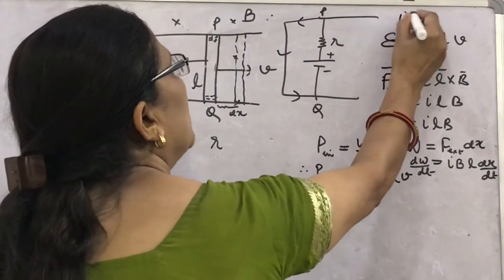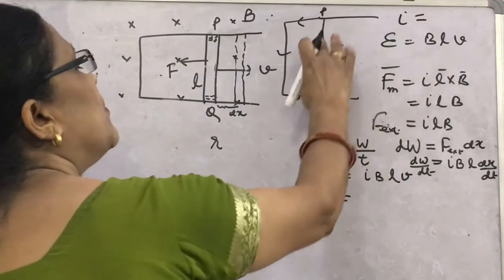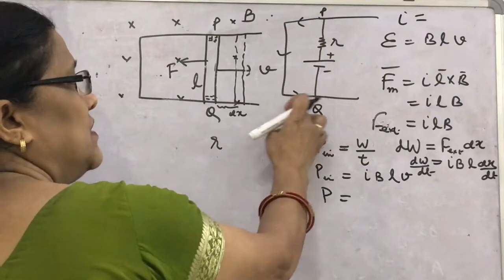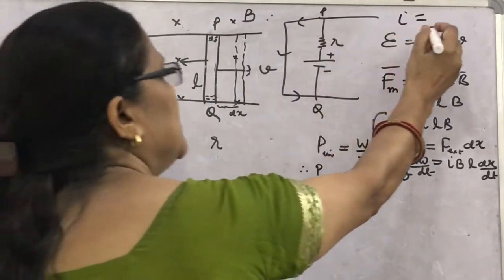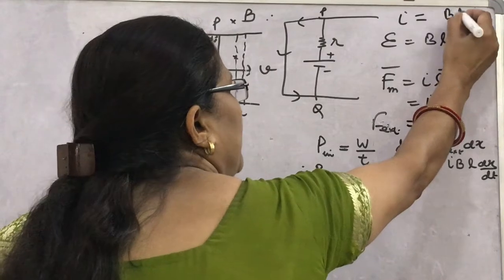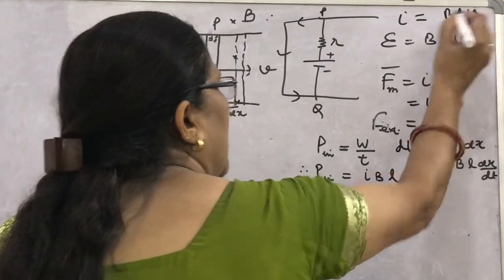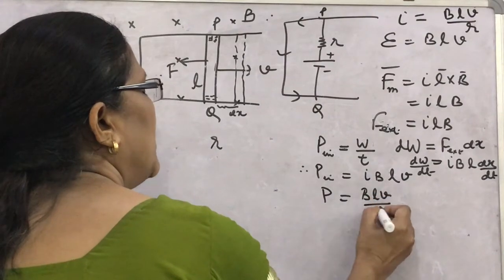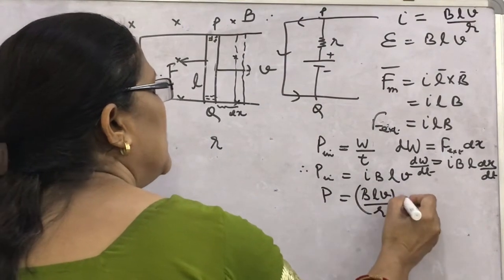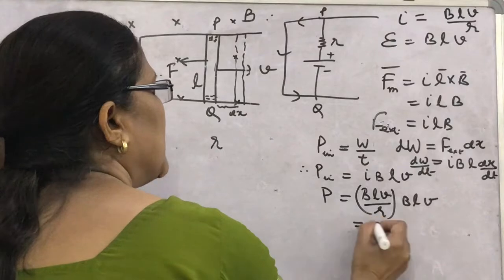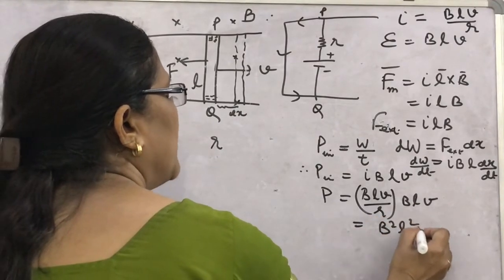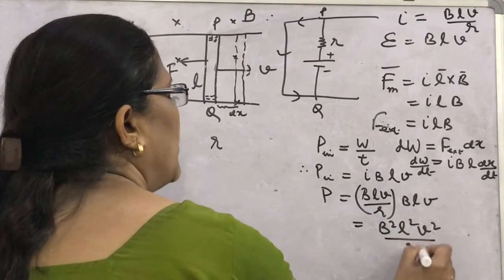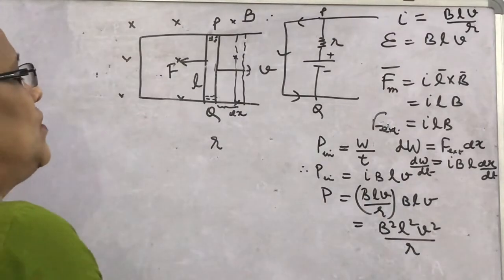Look here, I is EMF upon resistance. This is negligible resistance, only internal resistance. So I will be BLV upon R. Put it here, so BLV upon R into BLV, what will you get? B square L square V square upon R. What is this?